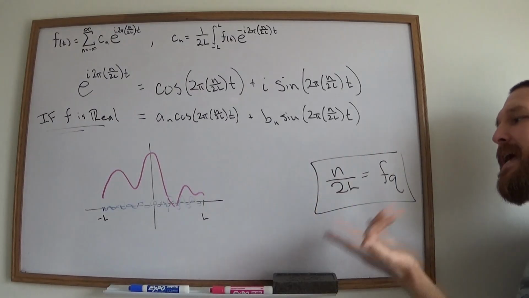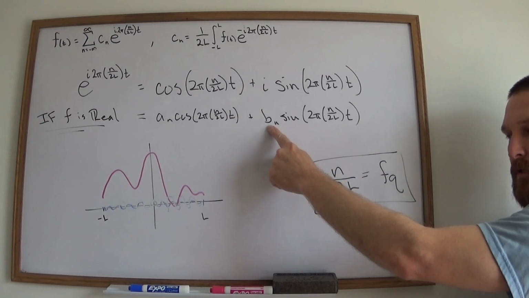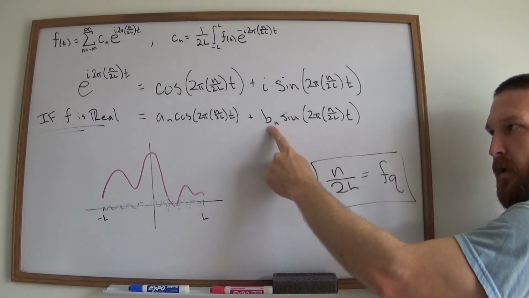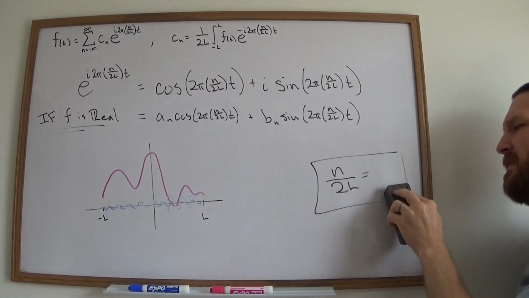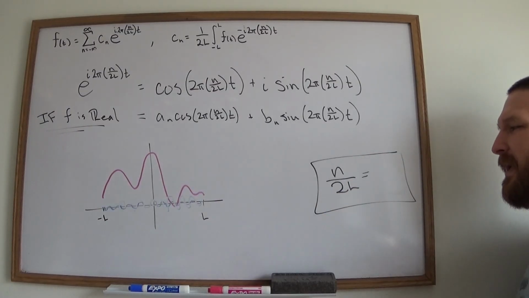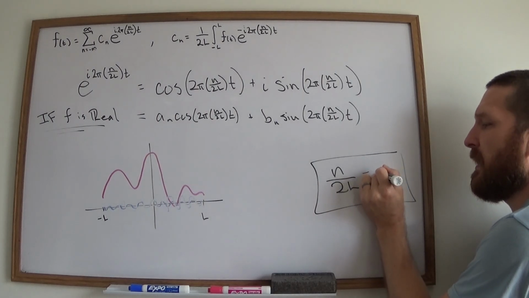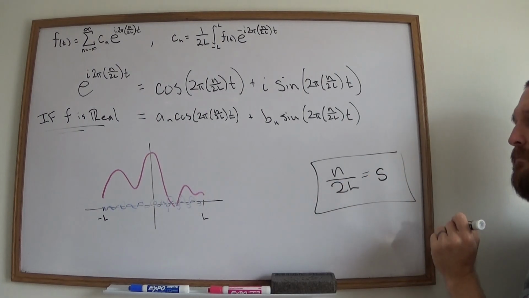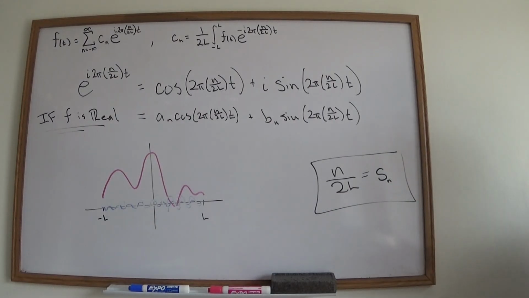So you give me any n, and I could tell you how much of sine of that is. And since this is dependent on n, I hate having that fraction there, so let's give this frequency a new name. We'll say that the frequency is s, and it's dependent on n, so s sub n is the frequency here.